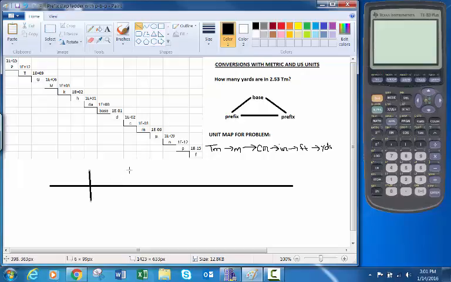We know that we're going to need to have a conversion between meters and centimeters, a conversion between centimeters and inches, a conversion between inches and feet, and a conversion between feet and yards. So we're going to extend this out just a little bit more to give us some more space.